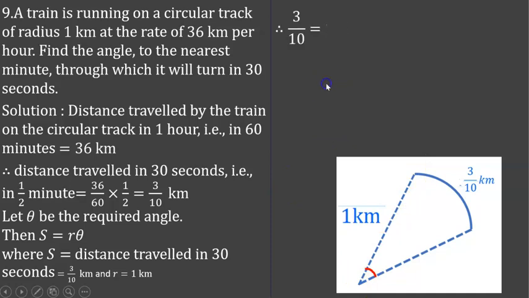Therefore 3 by 10 is equal to, we know the value of capital S, 3 by 10 is equal to this radius 1 kilometer into theta. We want to find the value of theta, that is equal to 3 by 10 radian.